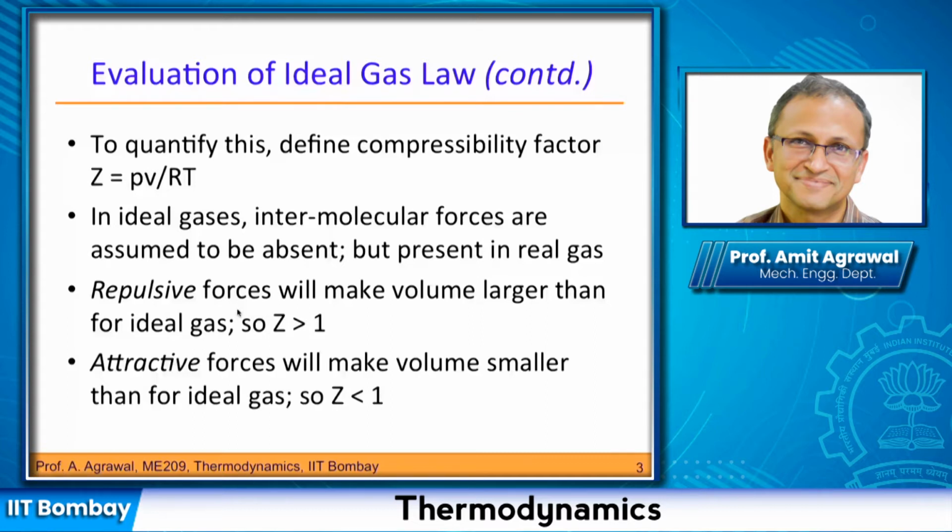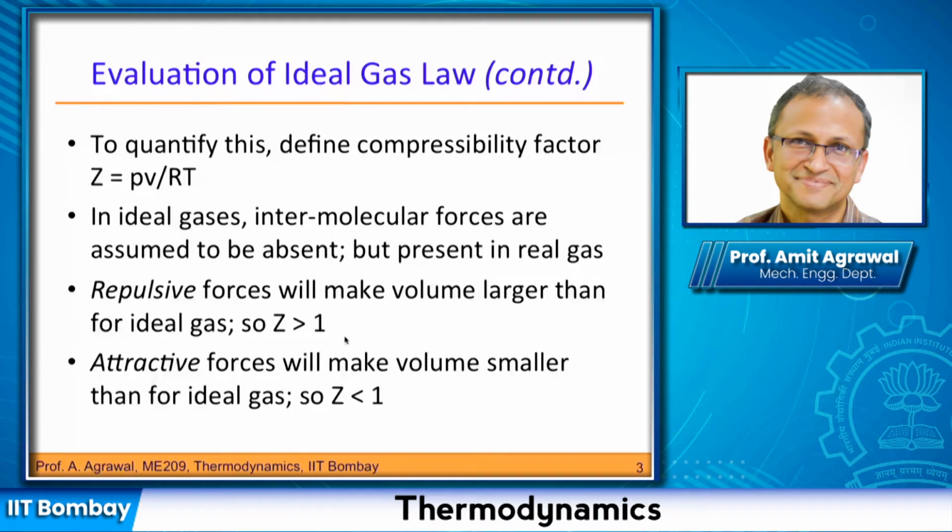On the other hand, if the intermolecular forces are attractive, then the actual volume that I would get with respect to the ideal gas volume, which is predicted by the ideal gas law, is going to be less, and therefore my Z will have a value which is less than 1.